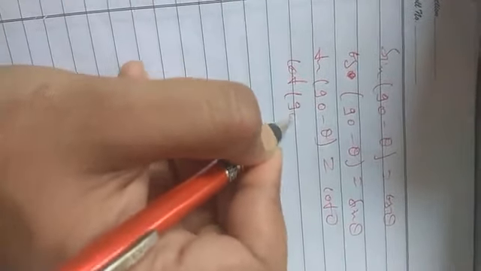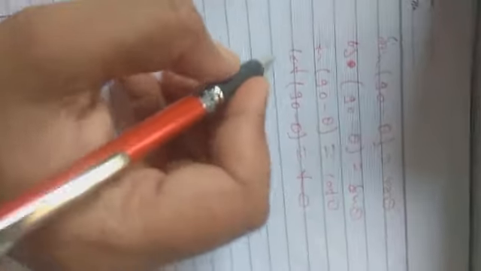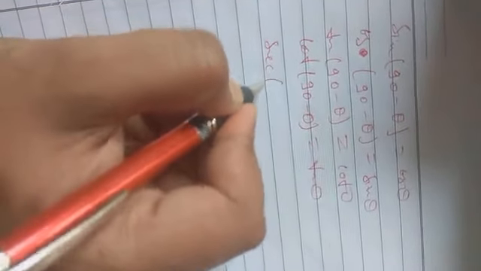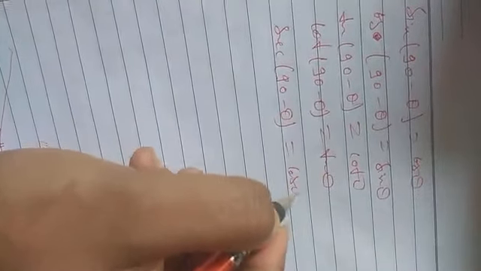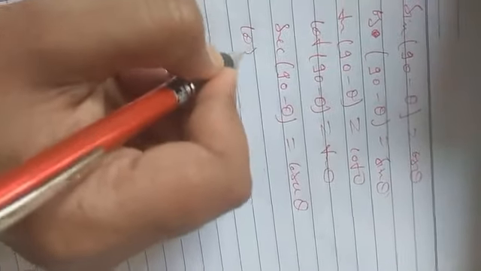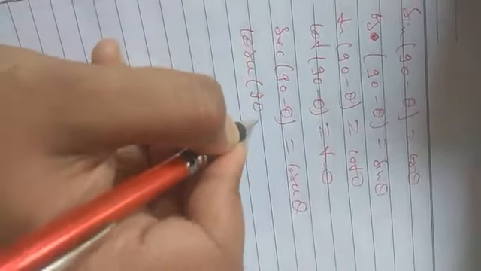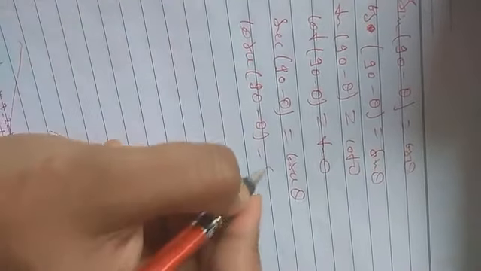Now tan 90 minus theta equals cot theta, cot 90 minus theta equals tan theta. Next, sec 90 minus theta equals cosec theta, and cosec 90 minus theta equals sec theta.